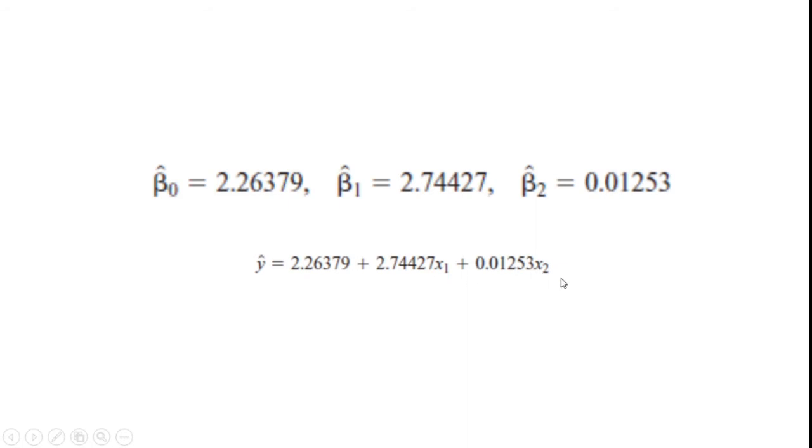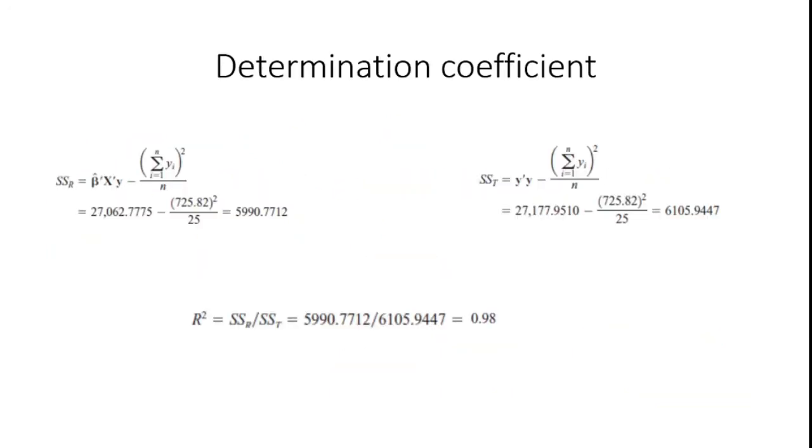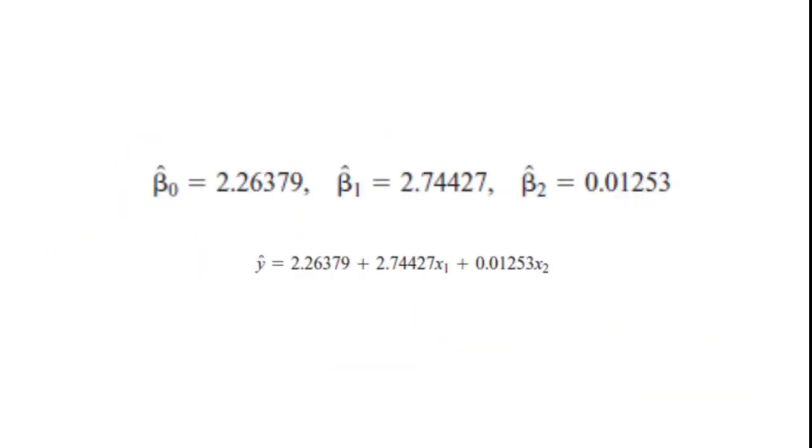Why have I not identified x1 and x2? Because each and every experimental observation has x1 and x2. So how do I find the y value with respect to the x1 and x2 values? I substitute x1 and x2 values into the respective equation, and I get the predicted value from this equation.